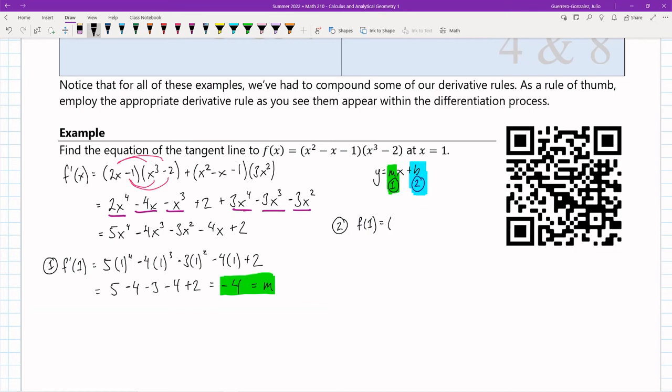So it's going to be 1 squared minus 1 times 1 cubed minus 2. 1 squared is 1, minus 1 is 0, minus 1. 1 minus 2, that's going to be a minus 1 as well. So this is going to be 1. So the point that we're going to be playing around with here is 1, 1.